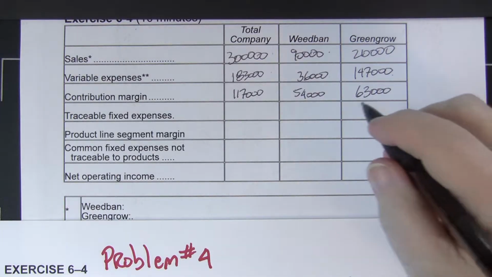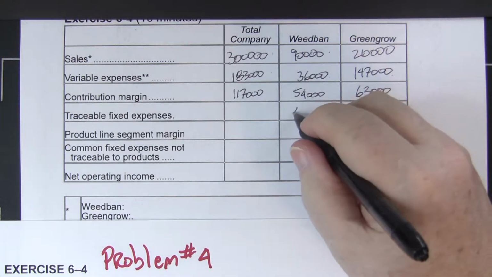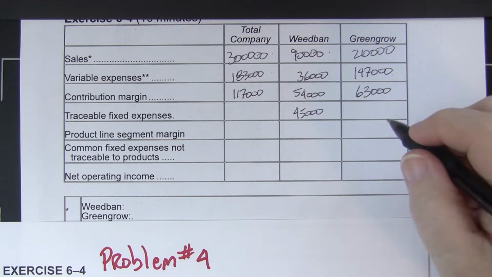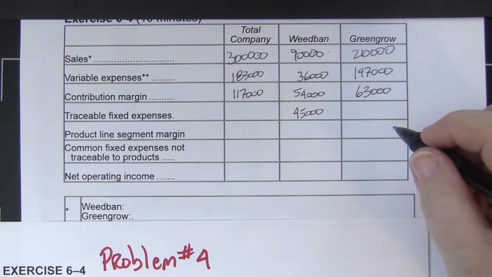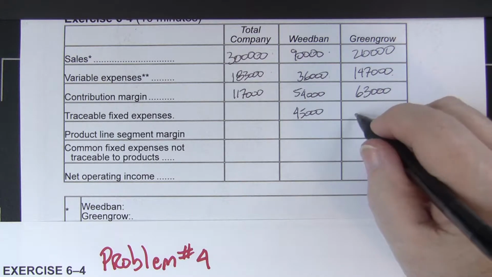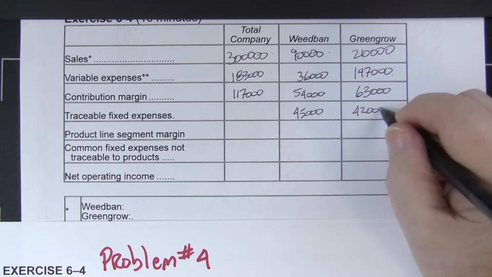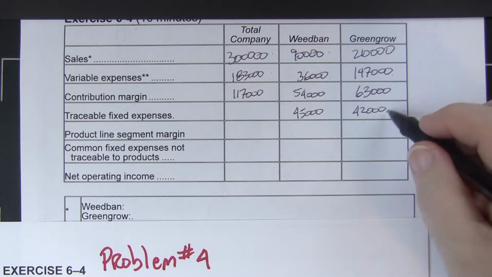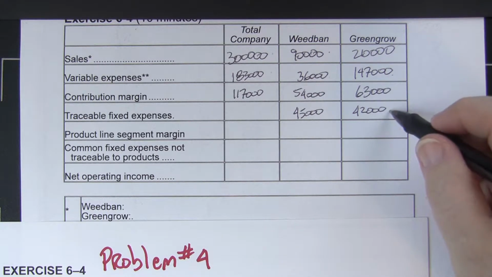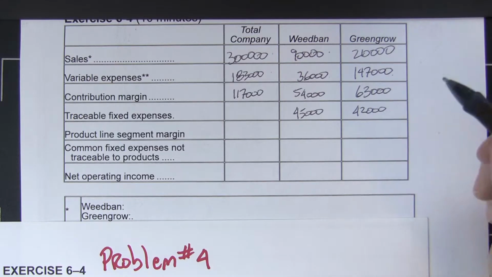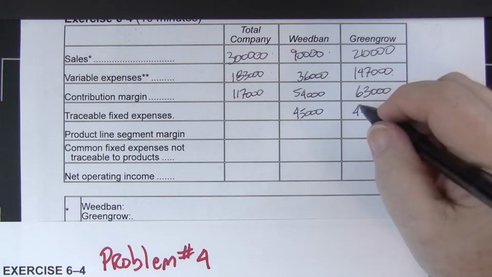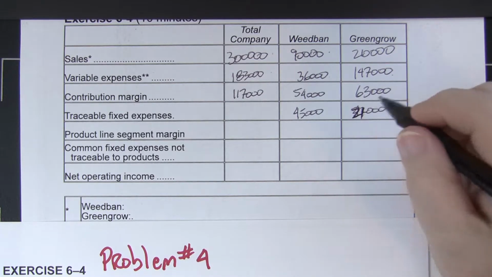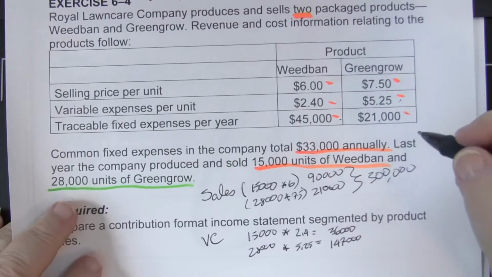So our traceable fixed cost for Weed Ban is $45,000, and our traceable fixed cost for Green Grow is $21,000.